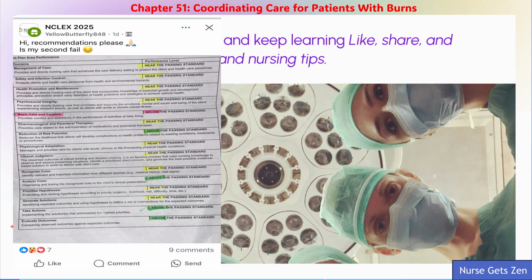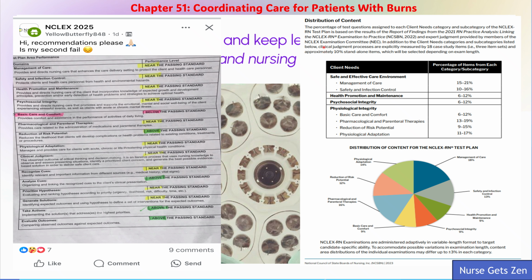I'm going to present what here. This is a pie. In order to pass the NCLEX, you need to make sure you are above on all of those 15, whether you want to pass with 85 or 75 or 100.